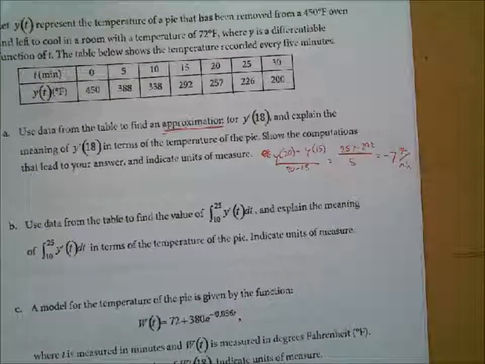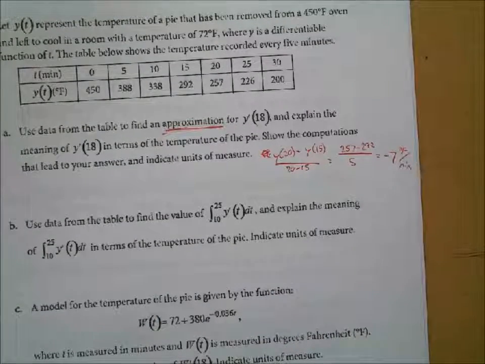What is then the meaning of y prime of 18 in terms of the temperature of the pie? Well, if y is the temperature of the pie, y prime is going to describe the rate of change of the temperature of the pie.